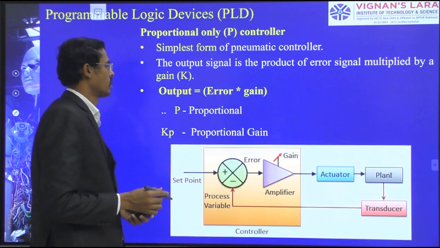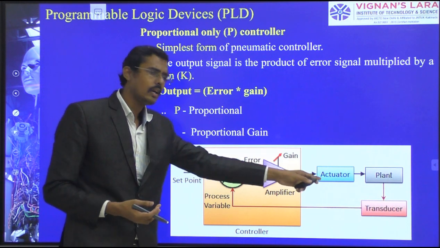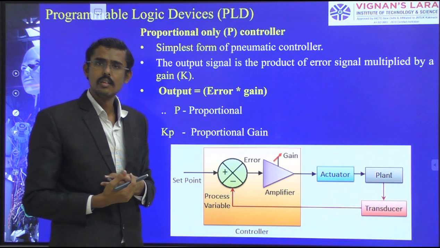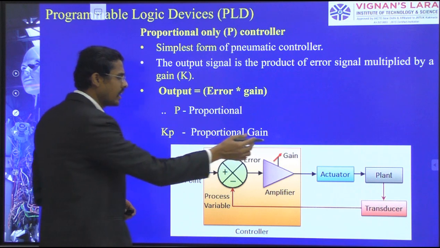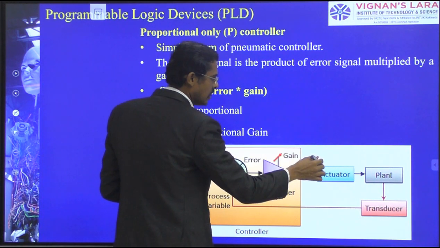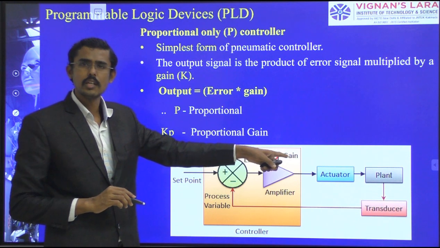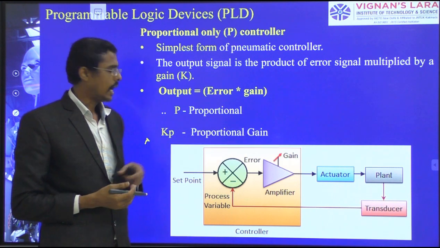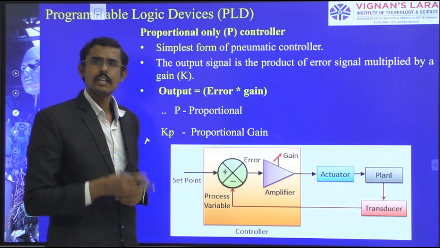Now we are doing actuator functions on the proportional only. So there is an error. I want to maintain a temperature or a speed of 50 rpm, and it is running with a difference showing as 10 rpm.